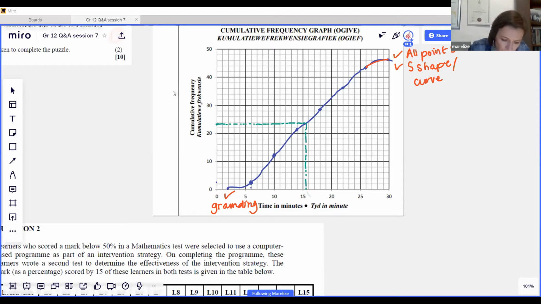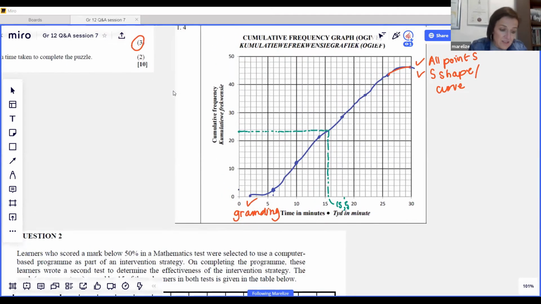I'm going to go with 15,5. They will always have a range of acceptable answers. For my particular graph, because we all draw differently, it will be about 15 and a half, around there.